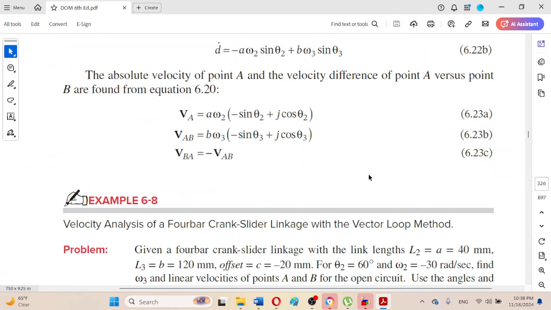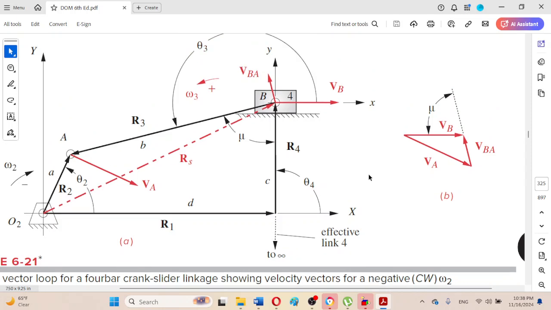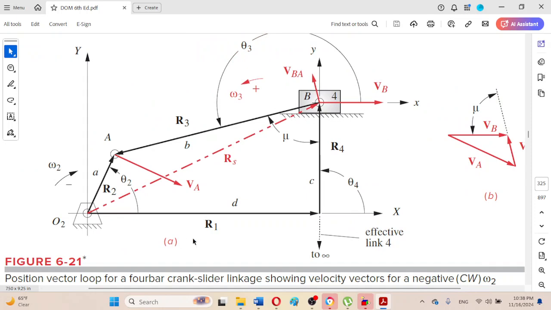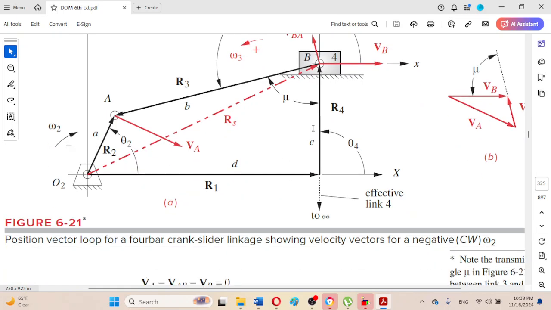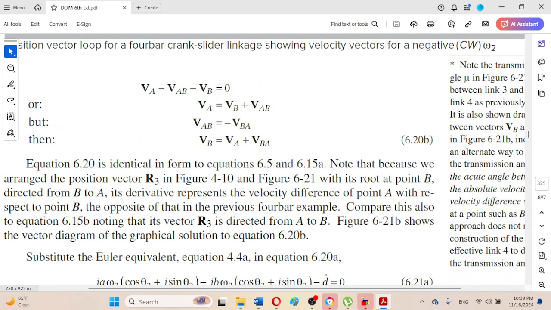Sorry, the diagram is not available here at the moment. I think yes, this is available here in figure 6-21. The same diagram is also available in chapter number 4. So this is actually the C, which is the slider offset. So in this diagram it is in the first quadrant, but in the example, because the offset is negative, this slider is located in the fourth quadrant.